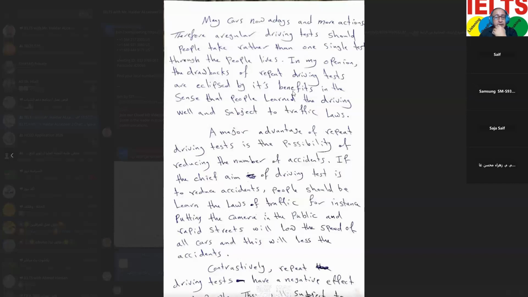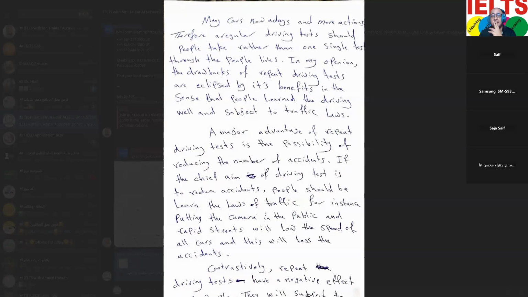By its benefits in the sense that, why did you capitalize the S? No capitalization here. People, this is a small letter. No, it's capital. I can see it as capital. It's how the examiner can see it.